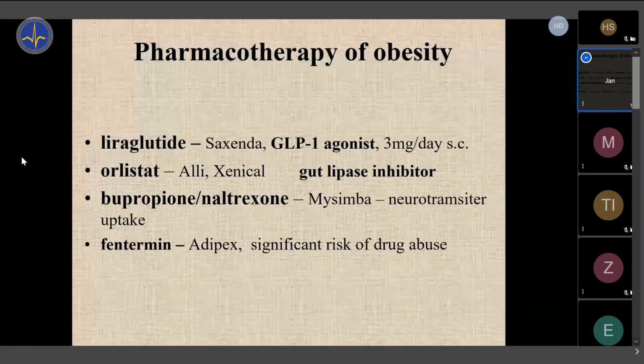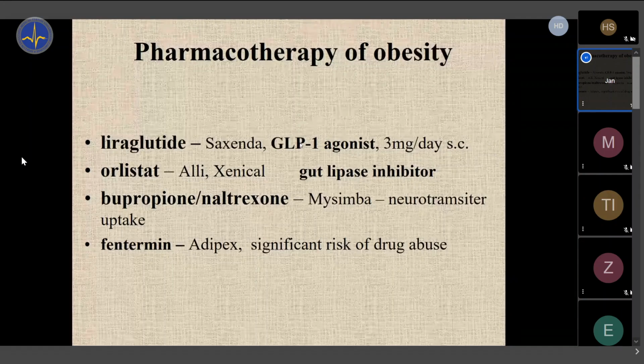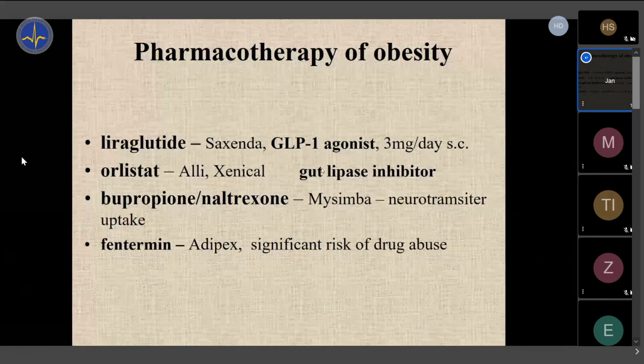So it's a double effect. One is a central effect, an anorexic effect in the brain, don't eat so much. Another effect is in the stomach, because people get, let's say, moderate or controlled nausea. So liraglutide is the last one, or the first one, the most modern one in the row of possible medication. It needs to be injected. That's the only disadvantage. As with other GLP-1 agonists, all of them need to be injected.